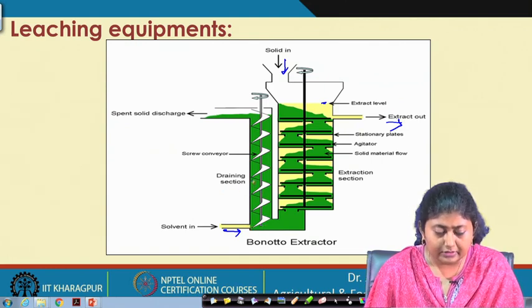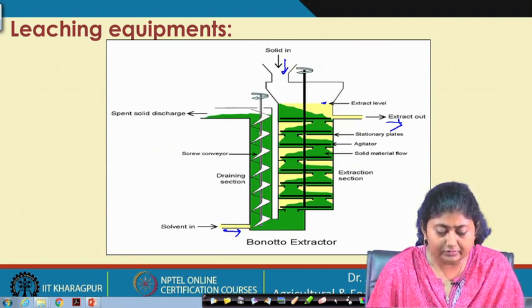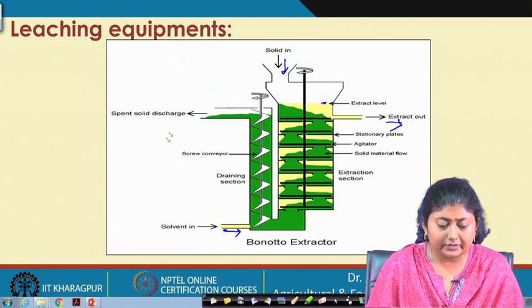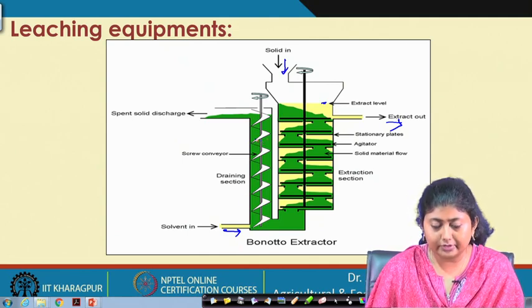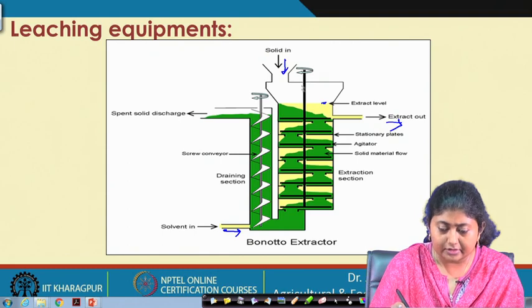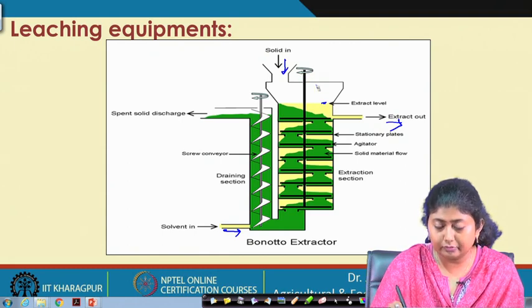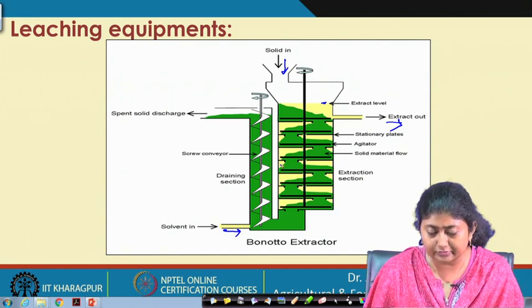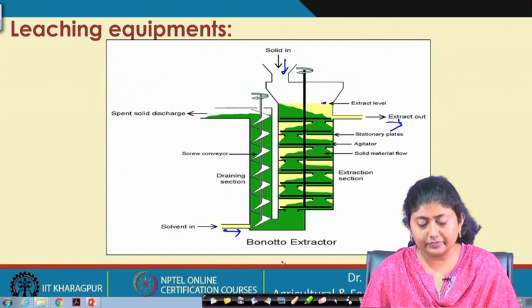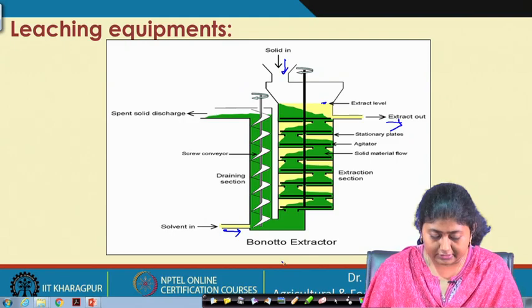There is a screw that will take out all the solid and discharge it to the outer section. A rotational movement is given by a shaft, by which the whole assembly is rotated, so that proper agitation can be given for better extraction efficiency.